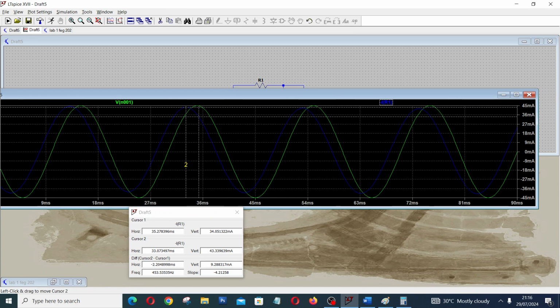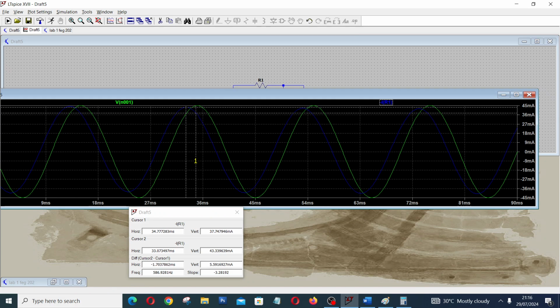So this is the current. What we're having here is 43.3. I think the peak is around 43.396, and then let's check the peak of the voltage, is 37 point something.